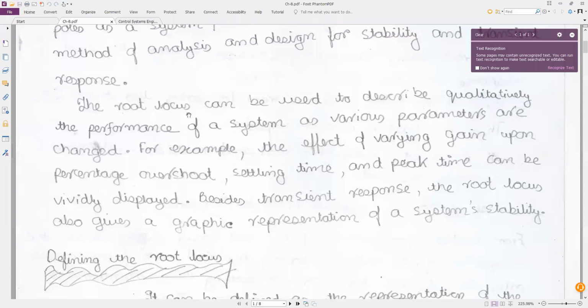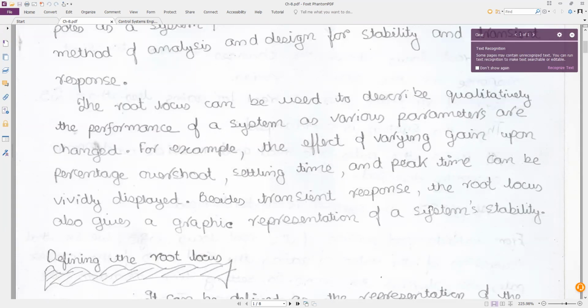So the root locus can be used to describe qualitatively the performance of a system as various parameters are changed. For example, the effect of varying gain on percentage overshoot, settling time, and peak time can be vividly displayed.